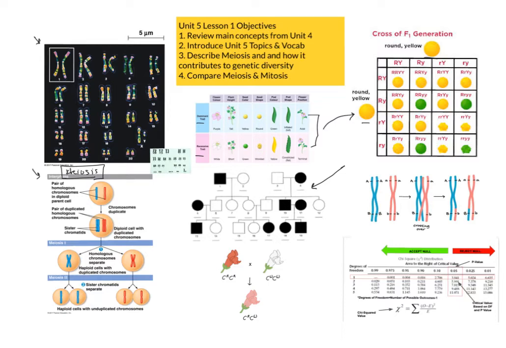And then the last thing that we're going to use a lot in Unit 5 is statistics, to analyze the results of different genetic crosses to make predictions that help explain results that maybe we don't expect for particular genetic crosses.